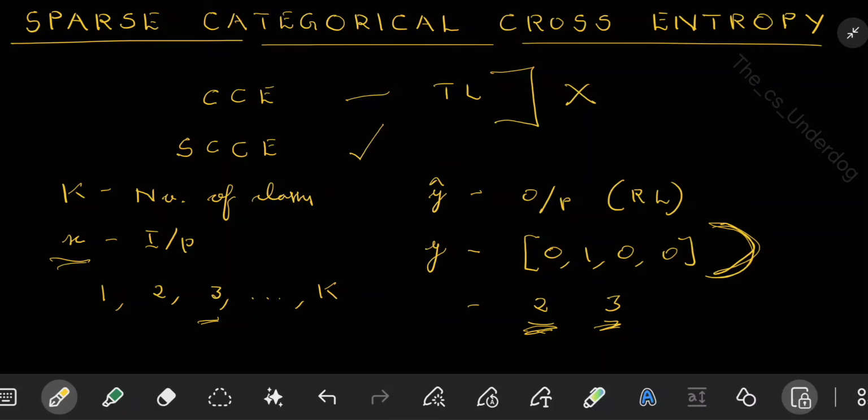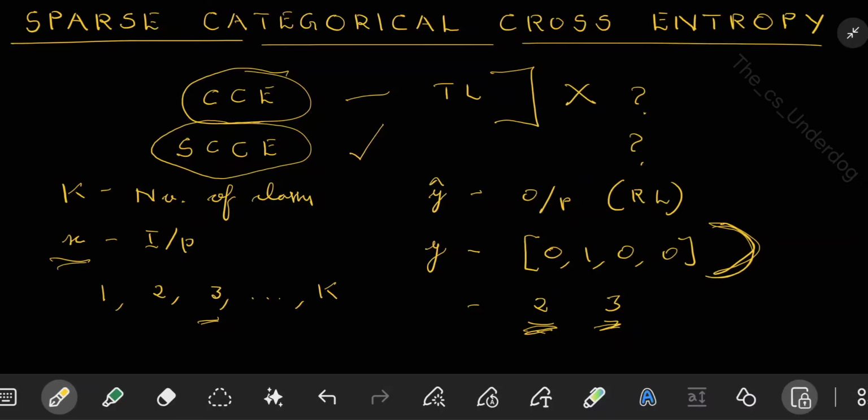When you are dealing with machine learning and using some inbuilt loss function, you will generally see options of categorical cross entropy as well as sparse categorical cross entropy. Now you should understand in which cases you should use which.